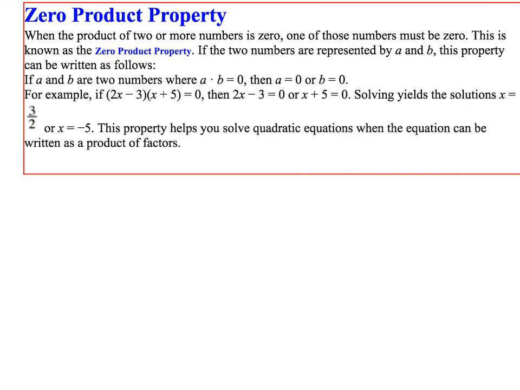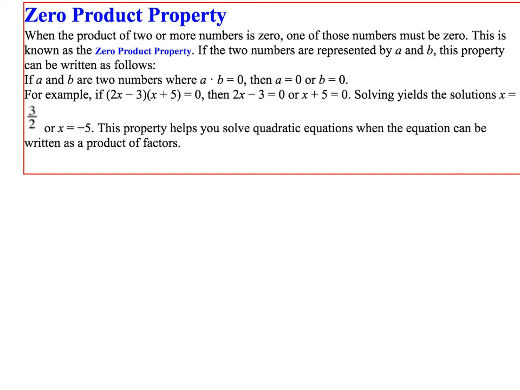So the zero product property is what allows us to solve quadratics via factoring. When the product of 2 or more numbers is 0, one of those numbers must be 0. This is known as the zero product property. If the 2 numbers are represented by a and b, this property can be written as follows. If a times b equals 0, then a equals 0 or b equals 0.